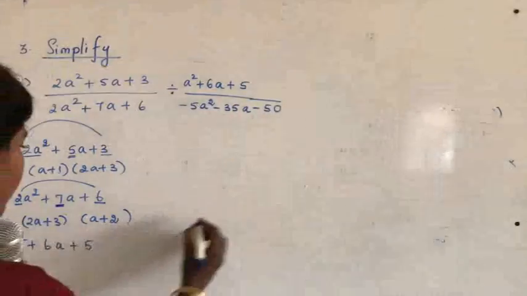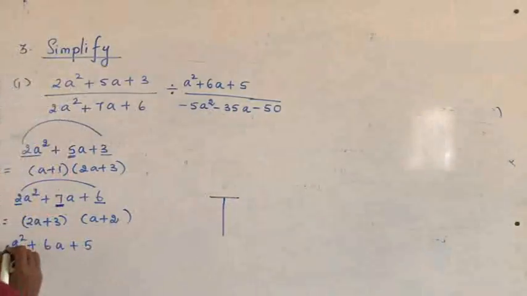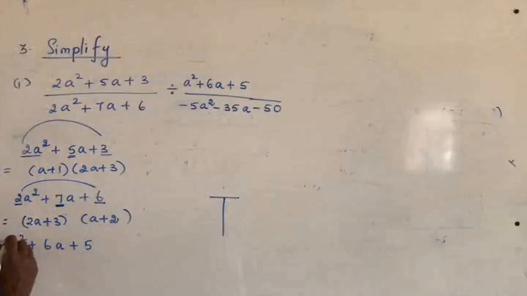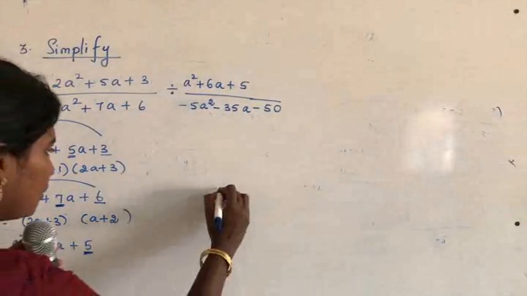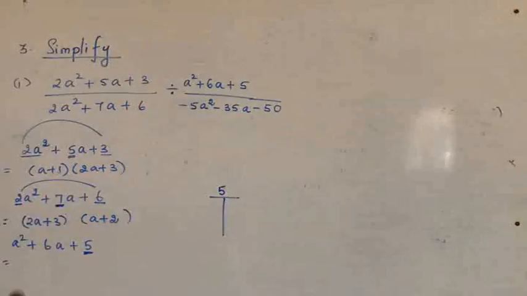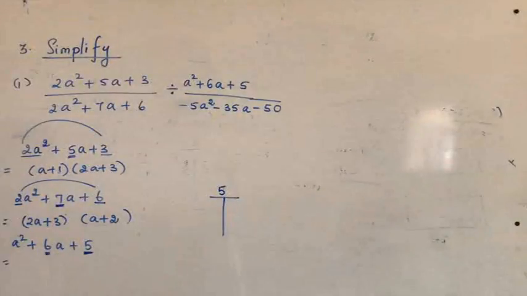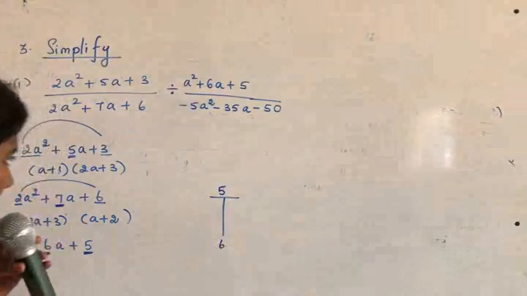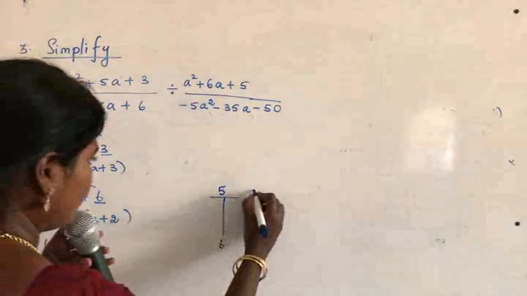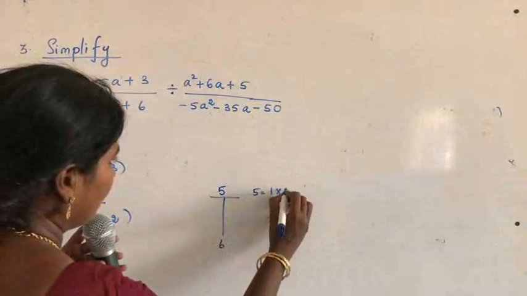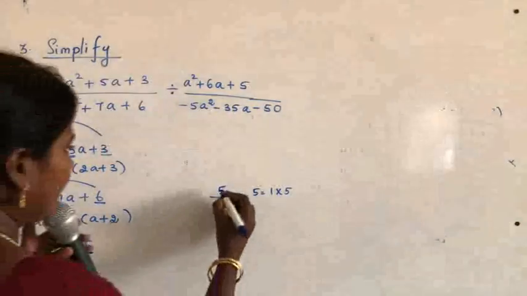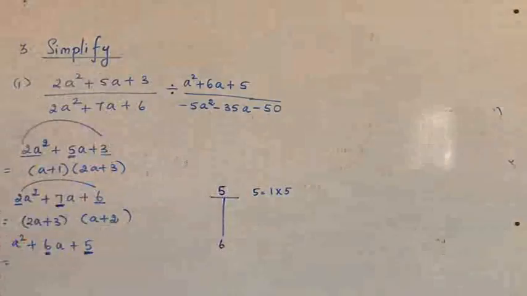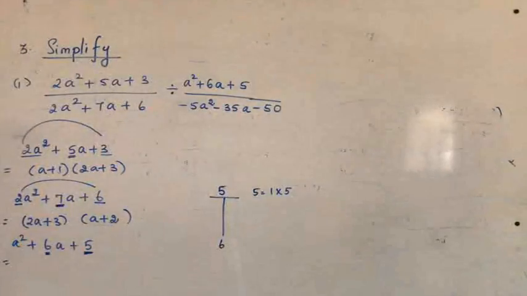Okay, so let's go for the T method. Now here the coefficient of the first term is 1. So what are you going to do directly? You are going to write the constant term on the top of the T, that is 5. Write the coefficient of the middle term, that is 6. Let's express 5. So 5 is nothing but 1 into 5, since it's a prime number. So you have only the factors. Prime number is nothing but the factors are 1 and the number itself.